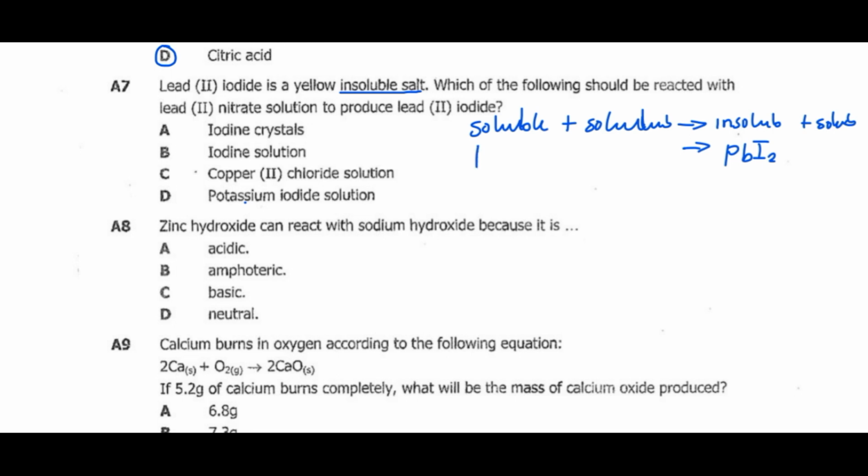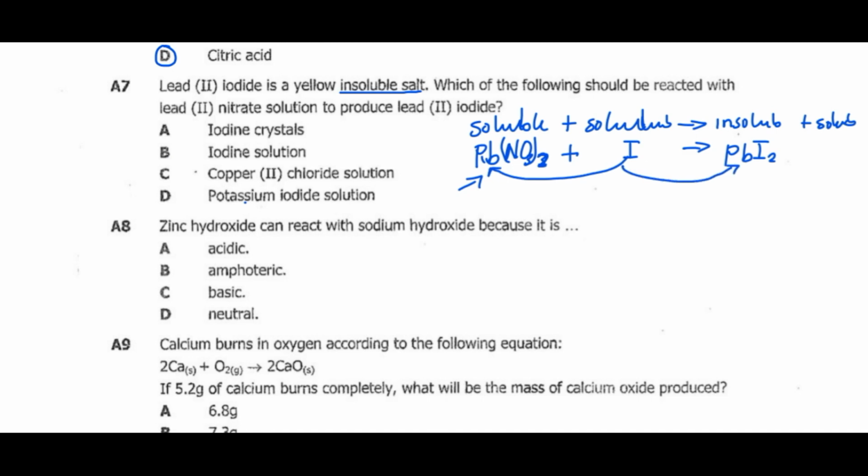So the first point is we are going to get lead, say from lead nitrate. Why? We know that lead nitrate is a soluble salt, because all nitrates are soluble in water. From lead nitrate, our interest is just lead. Then from the other salt, we need to make sure that there is iodide, so that this iodide will combine with lead to give us this. So that's a key point.